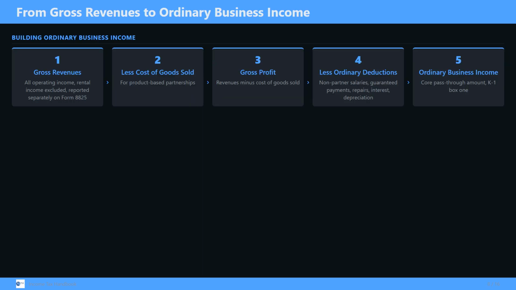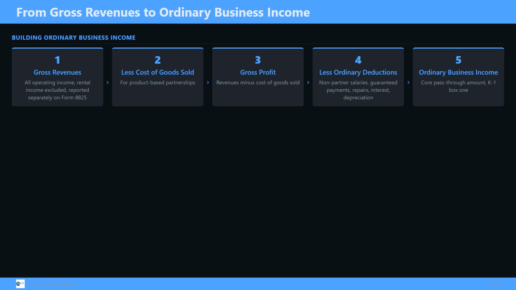The calculation itself starts with gross revenues from partnership operations. Rental income is not included there. It flows separately on Form 8825 as a separately stated item. Subtract cost of goods sold for product-based partnerships, which leaves gross profit.